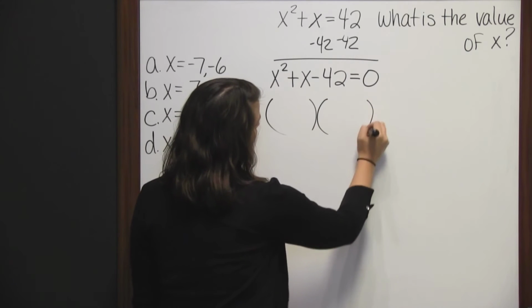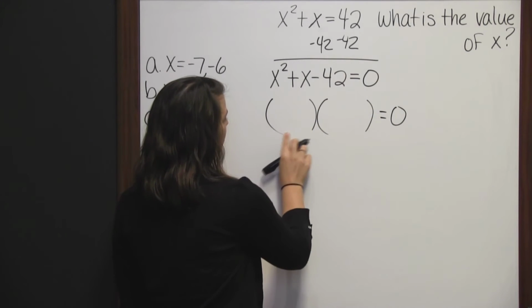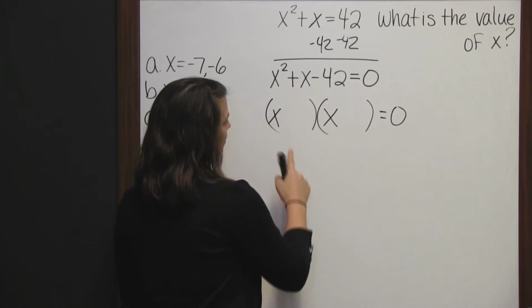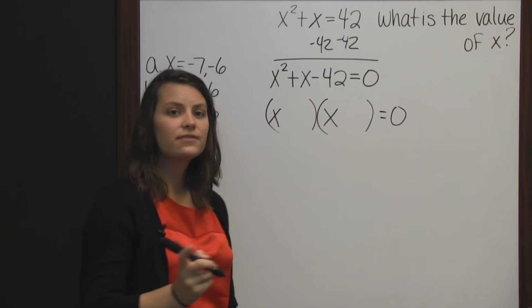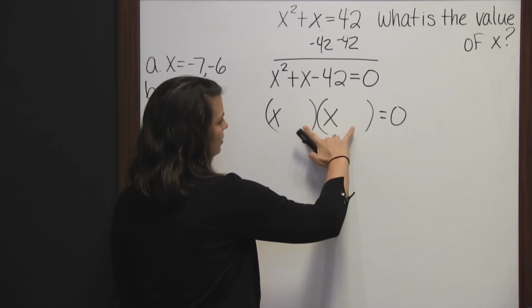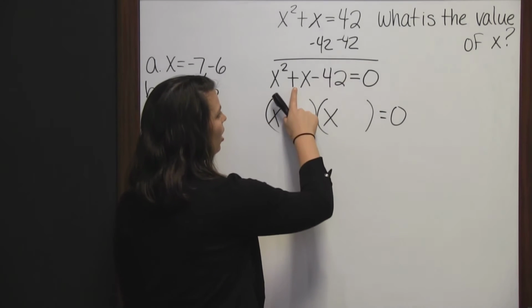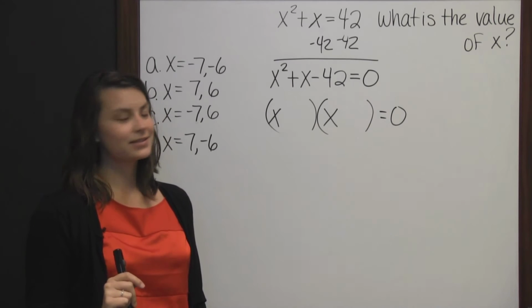I start with my parentheses for my two binomials. I know that the first term of each parentheses is going to be an x, because x times x is x squared. Then to find my second terms, I need two numbers that multiply to give me -42 and add to give me +1, because 1 is the coefficient of x.